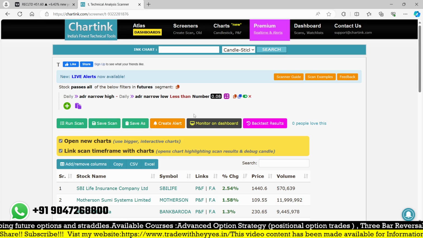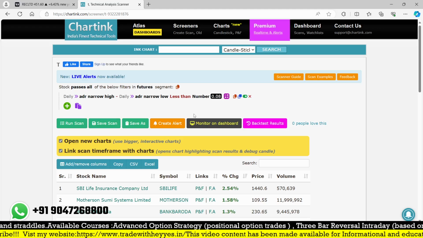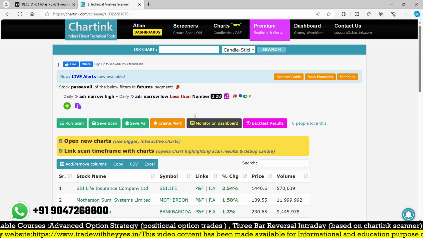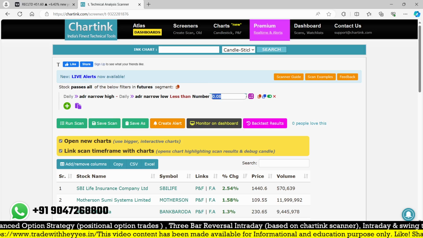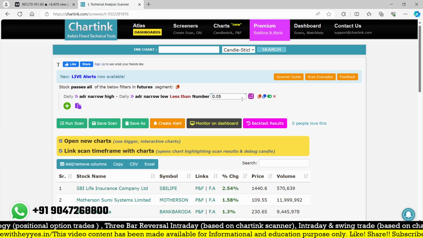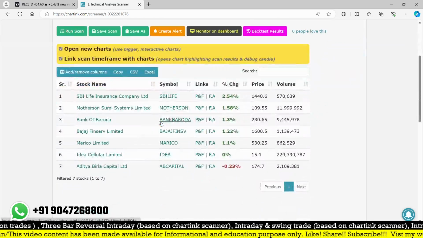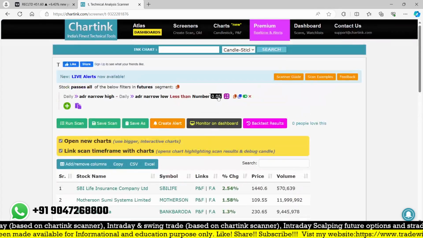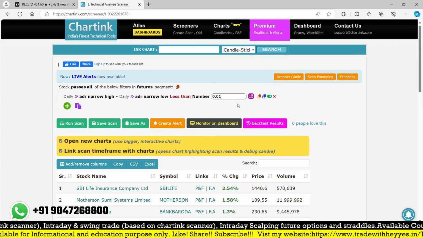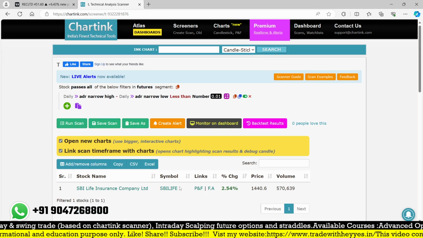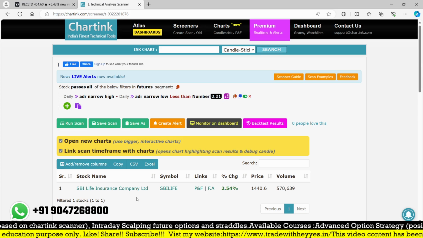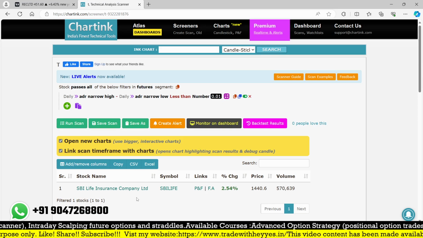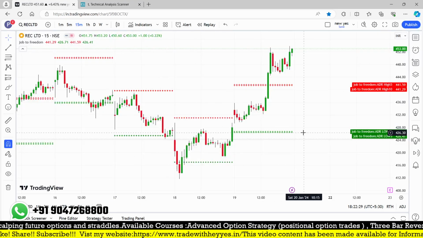Maybe that scanner is also going to be shared in our group, so that we can look for narrow ranges. Even if you want to reduce the number to 0.05, very tight, 7 AB Capital would also be there. And if you want 0.01, maybe no stocks, only SBI. So this is a very tight range for tomorrow. That means SBI Life.